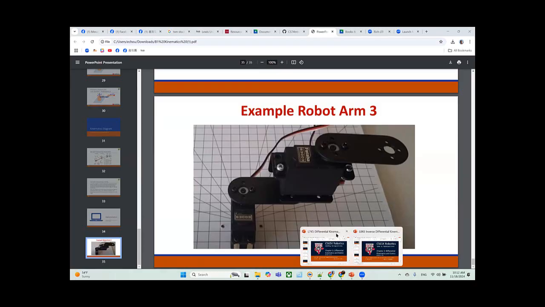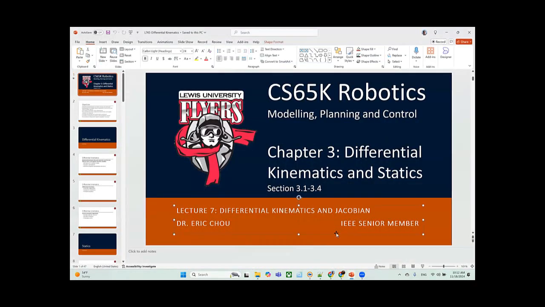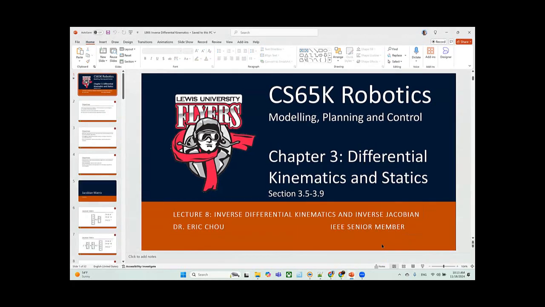So this coming week, we are on the differential kinematic and Jacobian. Jacobian means Jacobian matrix. And then also lecture 8, inverse differential kinematic and inverse Jacobian. This actually has 4 topics: differential kinematic, Jacobian, inverse differential kinematic and inverse Jacobian.